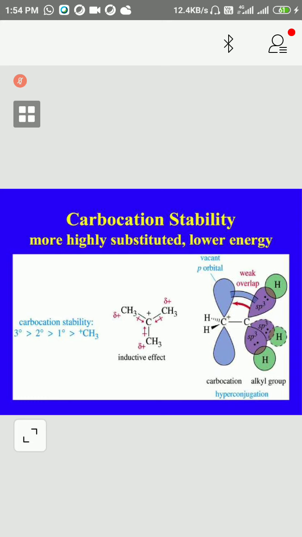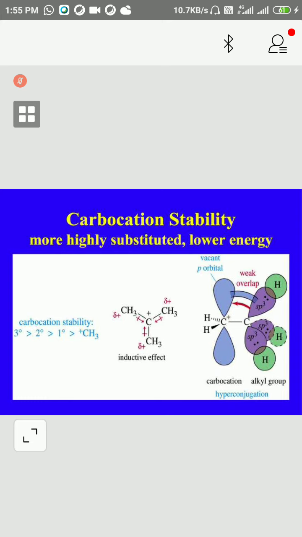C plus is more electronegative than these carbons, so these will have a little partial positive charge. So this bond pair of electrons will be attracted towards this carbon atom. The bond pair will not be in the center, it will be tilted towards this carbon atom. So that's why this will be stabilized.